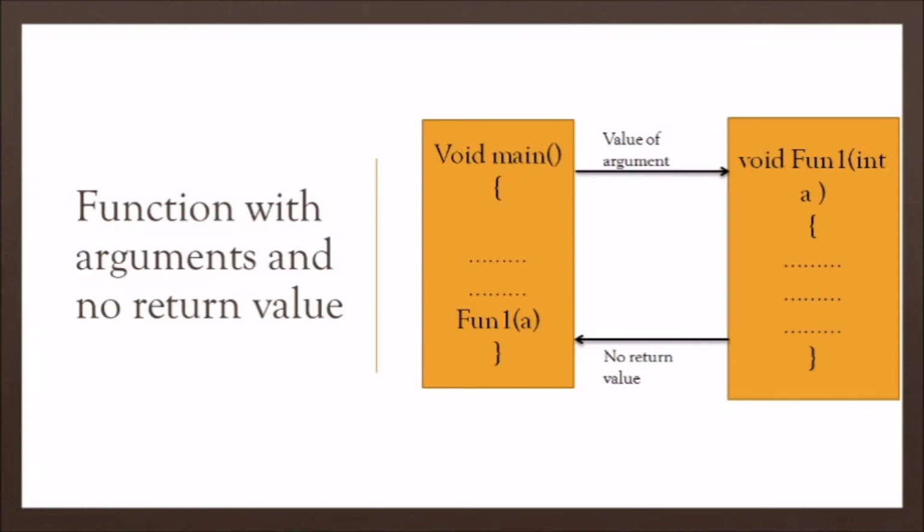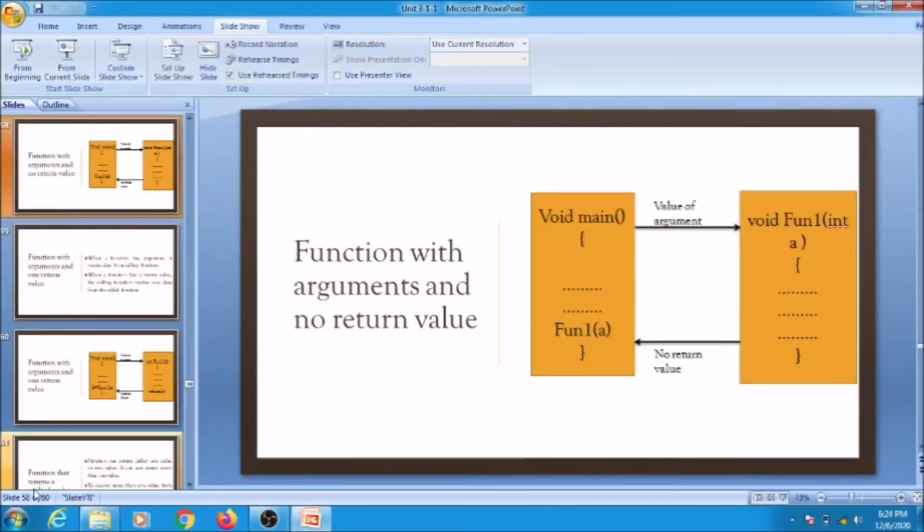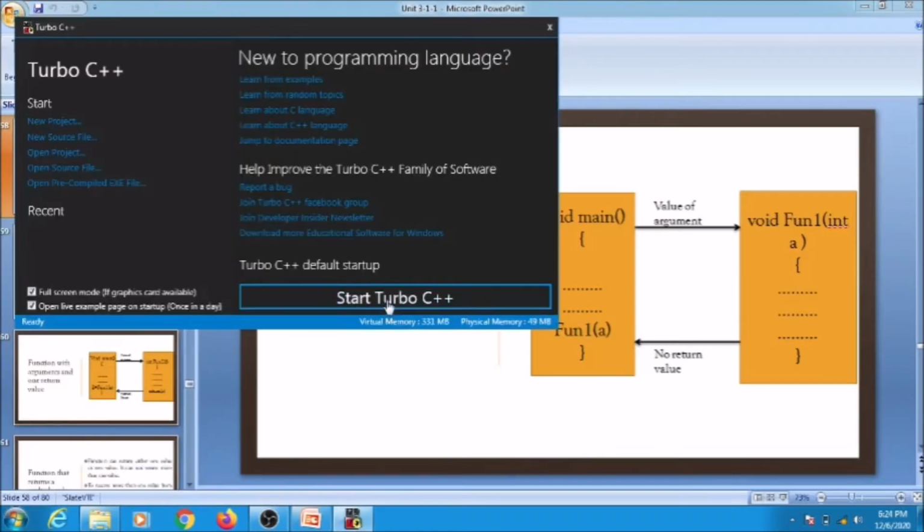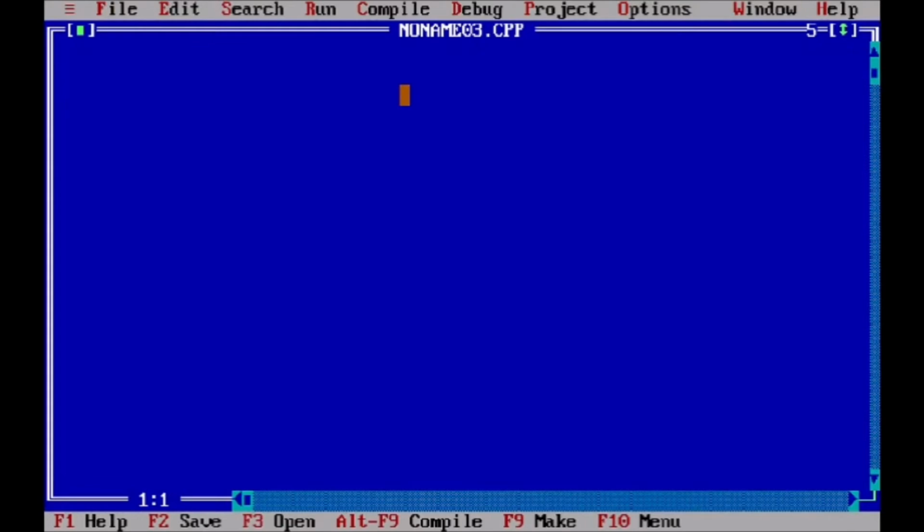So for that, first we start our Turbo C. First we include our header file, and we are taking a simple example to demonstrate these categories of function. Now we first declare our function.